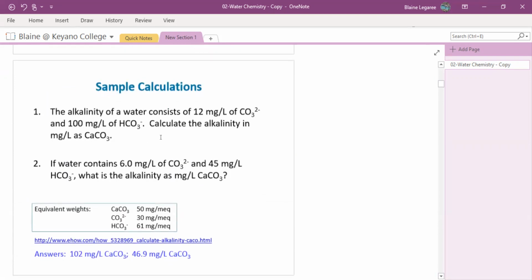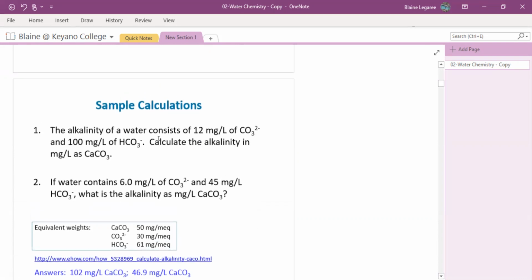So here are some sample calculations. How do we figure out alkalinity? Let's write down some steps first. Calculating alkalinity is very similar to the way that we calculate hardness, except in this case, we're dealing with carbonate and bicarbonate.